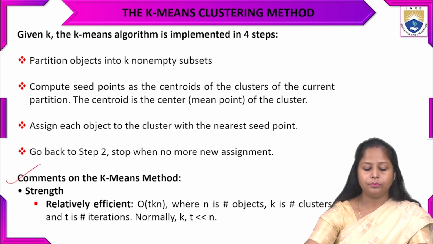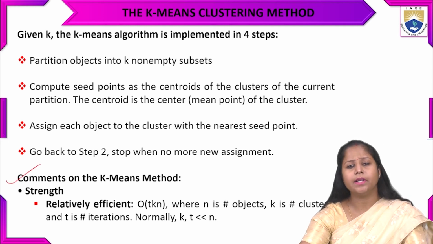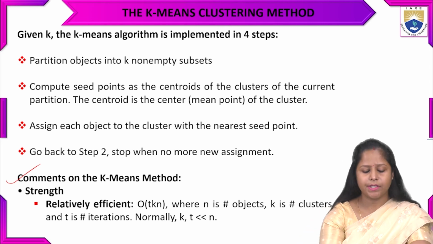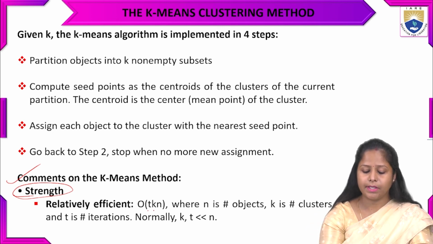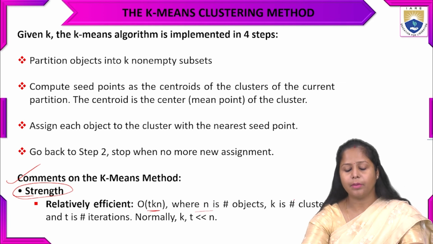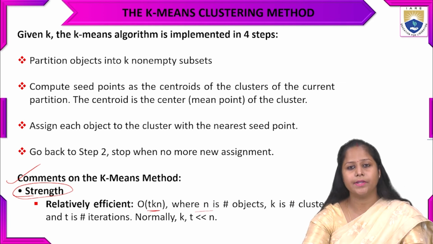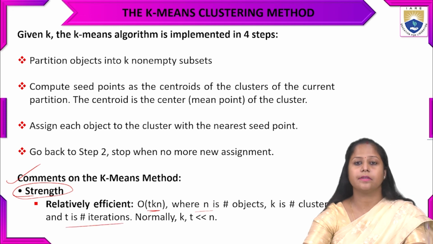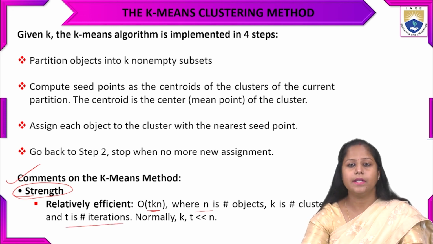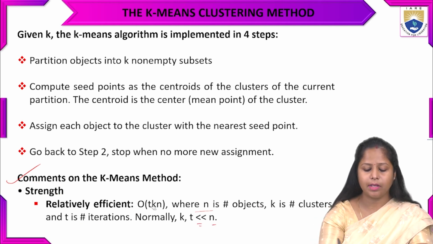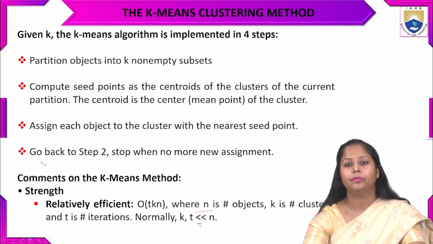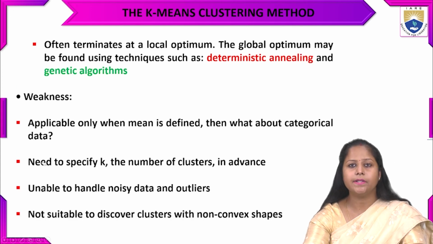Some comments on the k-means method. First, the strength: it is relatively efficient, with complexity O(tkn), where n is the number of objects, k is the number of clusters, and t is the number of iterations. Normally k and t are much smaller than n. It often terminates at a local optimum.